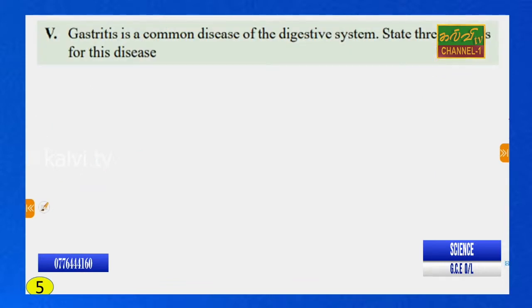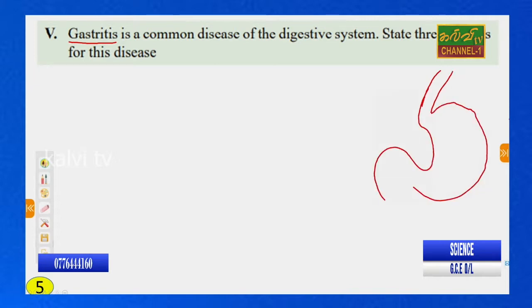Gastritis is a common disease of the digestive system. State 3 reasons for this disease. Gastritis here means the stomach. Actually, the stomach is constructed with a very thick wall compared to other parts of the gut.